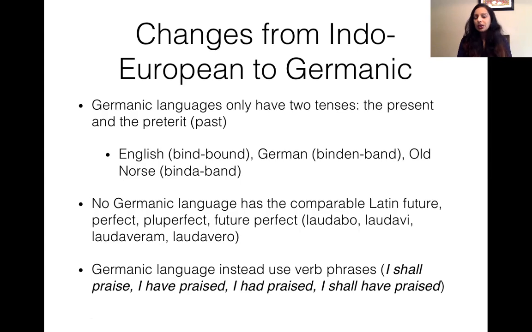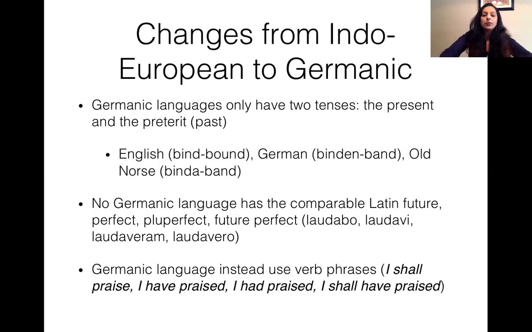No Germanic language has a comparable Latin future. So Latin future perfect, pluperfect, like laudabo, laudavi, laudaveram, and laudavero from Latin, that does not exist in Germanic languages, right?